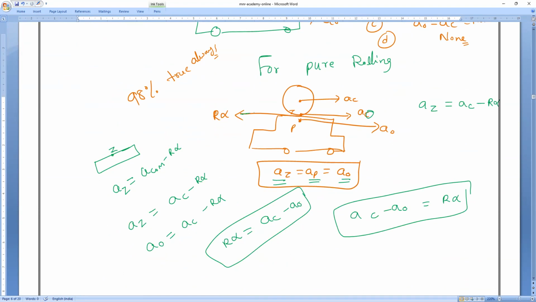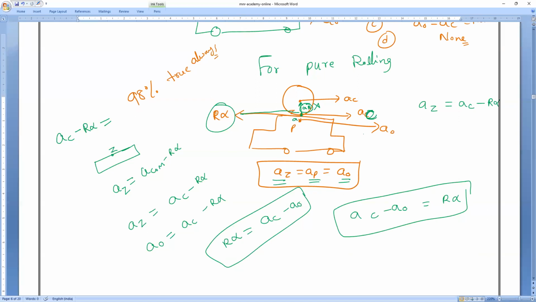Then tangential acceleration. We need not consider the centripetal acceleration. Please remember, sorry, radial acceleration does not matter. So tangential acceleration of center minus tangential acceleration is equal to the acceleration of this particular point.